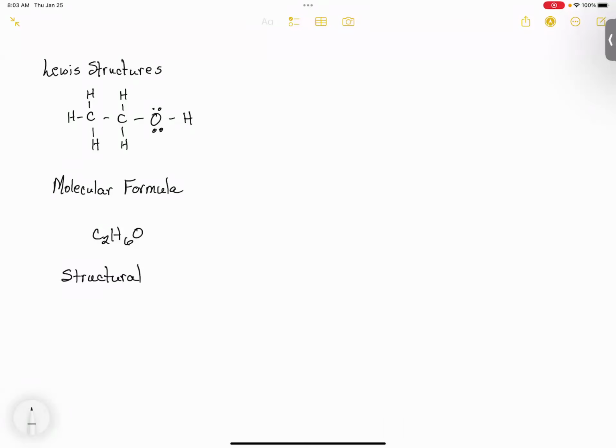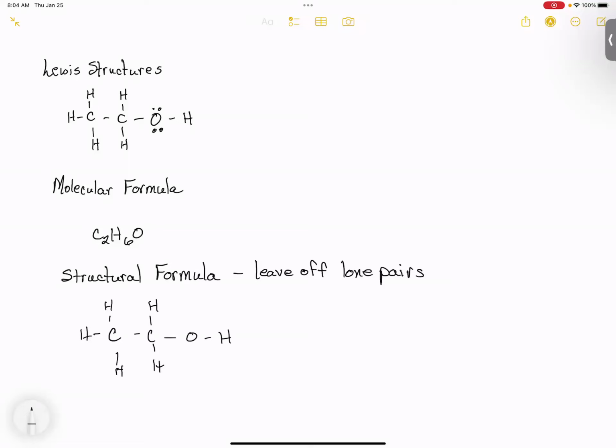The only difference really between a Lewis structure and a structural formula is we tend to leave off the lone pairs. So we would put in the CH, H, H, CH, H, OH. Still very tedious to write.